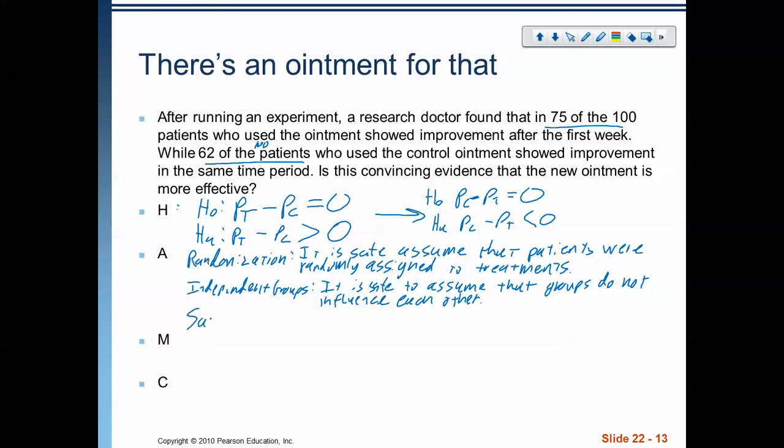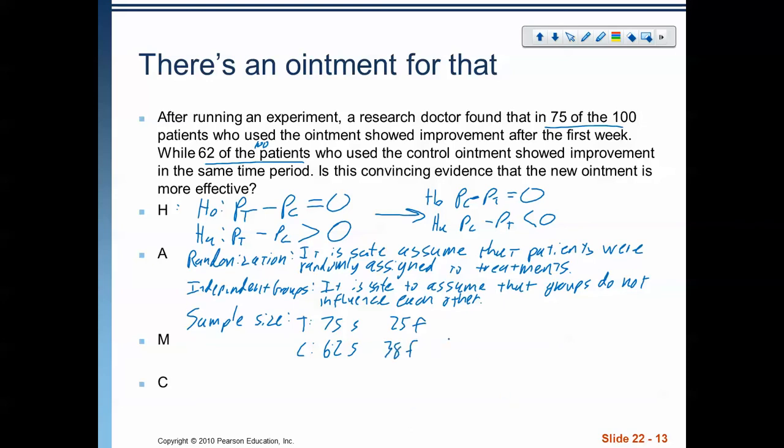So the last thing we need to do then is sample size. If we want to talk about the treatment group, it had 75 successes and 25 fails. The control group had 62 successes, which means they had 38 fails.